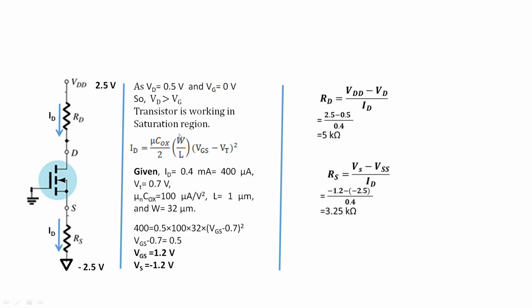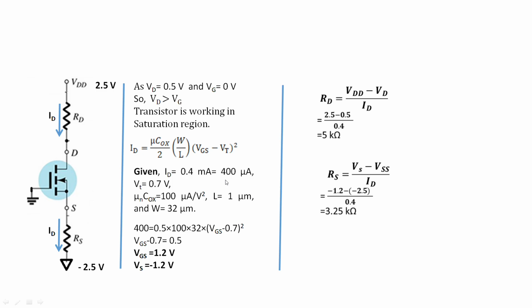So we can use the saturation current equation ID equals mu Cox by 2 into W by L into VGS minus VT whole square. In the numerical, the ID value is 0.4 milliampere, that means 400 microampere.